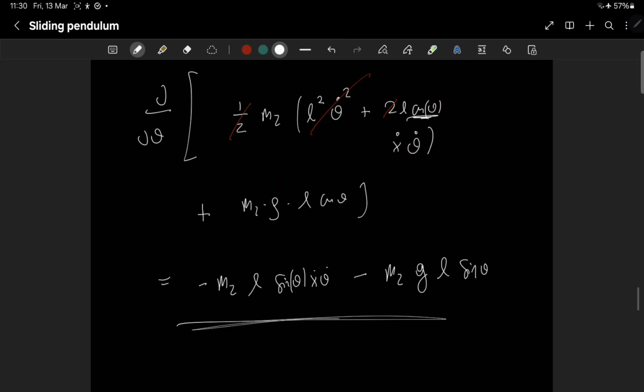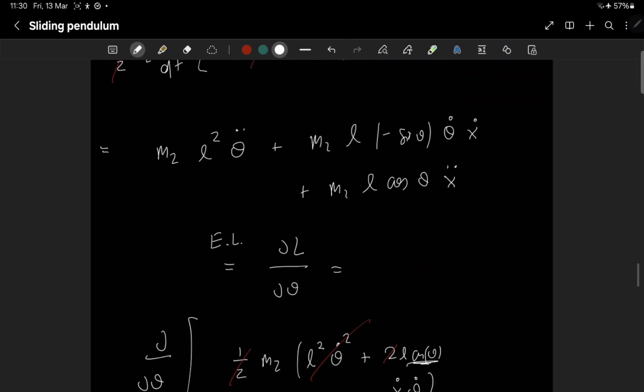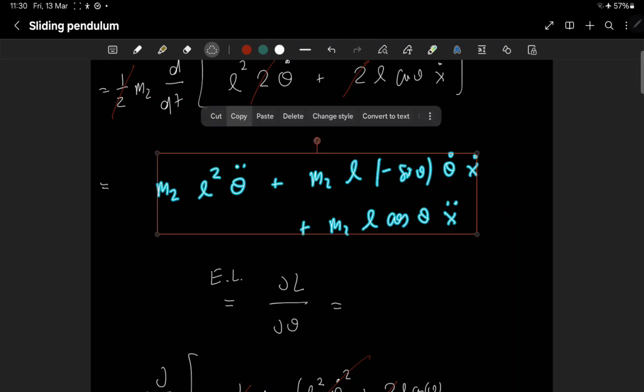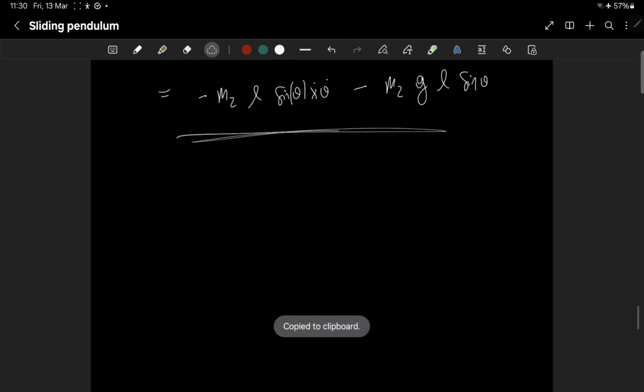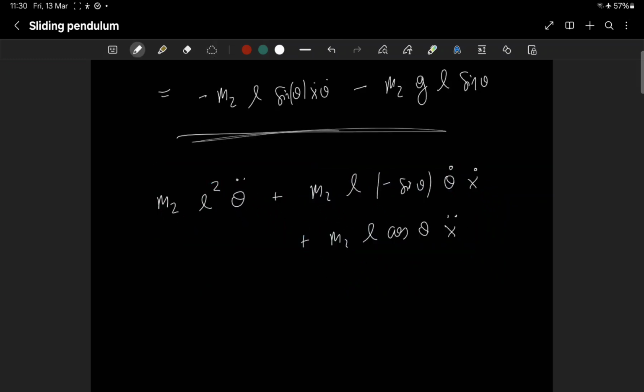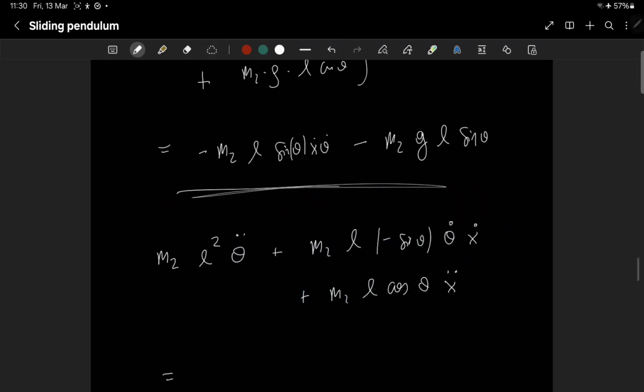That's it. So our second Euler-Lagrange equation is just the following. We have got this guy, and that is equal to all of this.